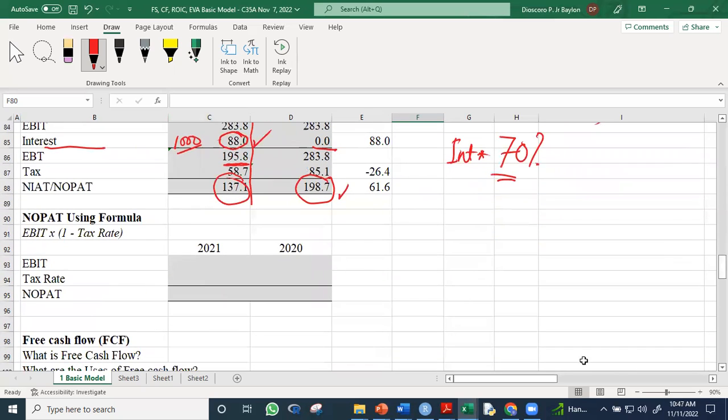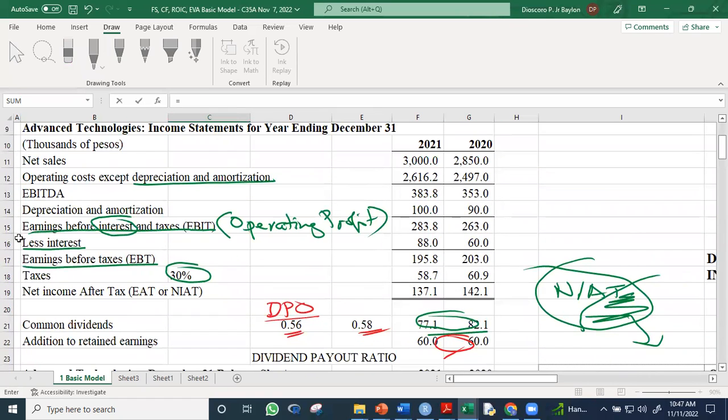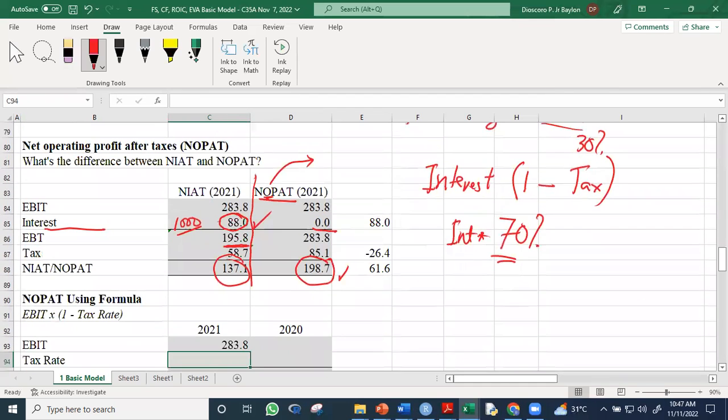Okay, may I have just 1 minute, class? Let's just finish this. So this is another way to compute for your NOPAT. For 2021, what was our EBIT? Let's copy this. For 2021, our EBIT was this one.